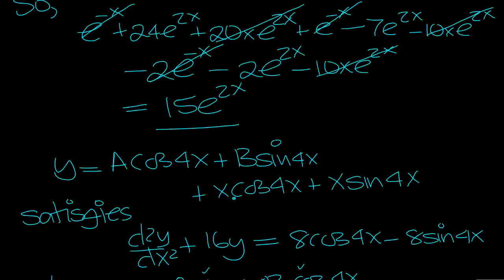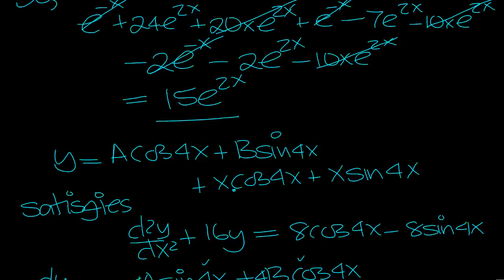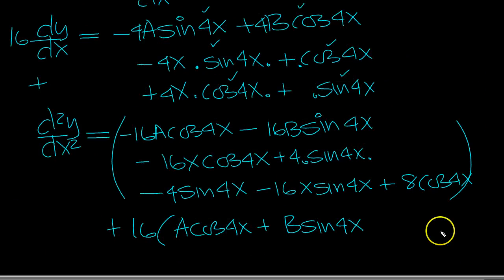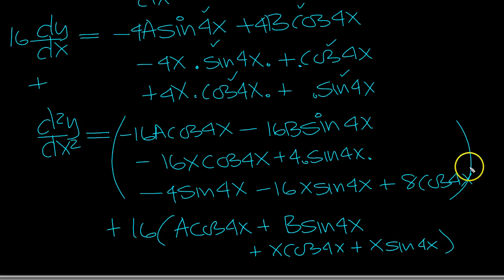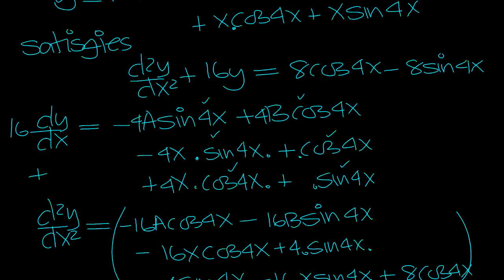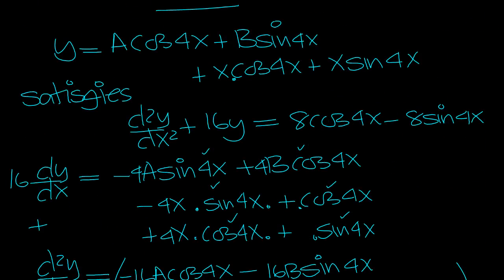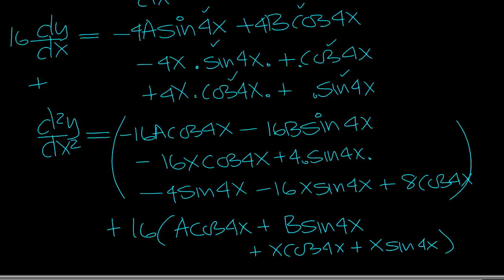Okay. Plus x cos 4x plus x sine 4x. Okay. And we're supposed to show that that equals, where is it? 8 cos 4x minus 8 sine 4x. So can you see the minus 16a and the plus 16a will go?